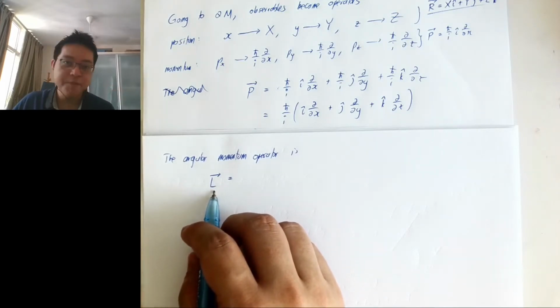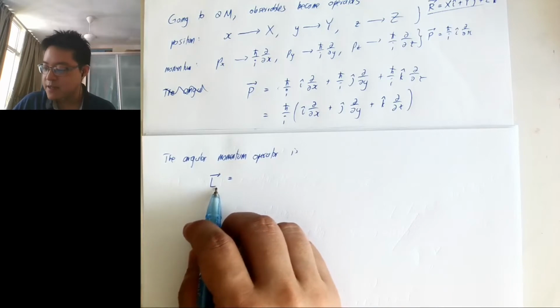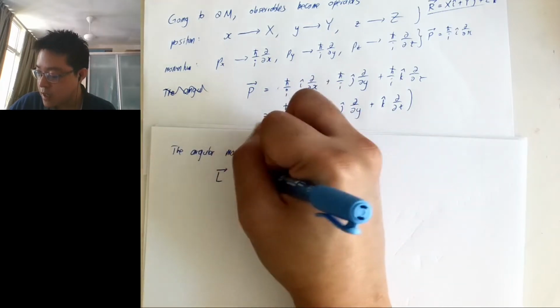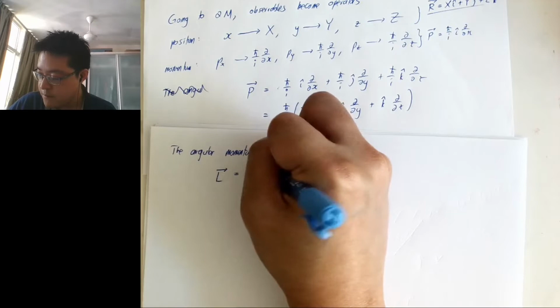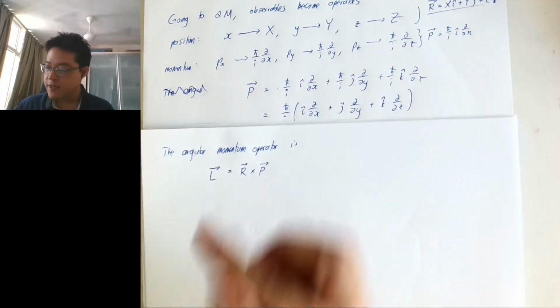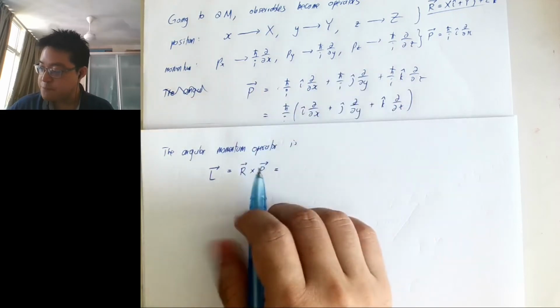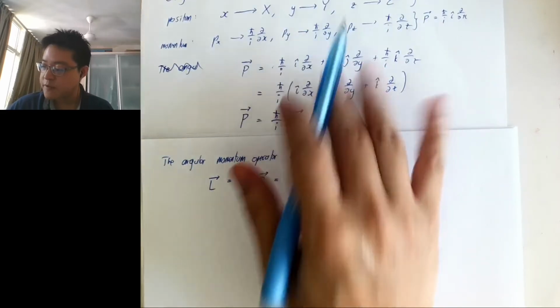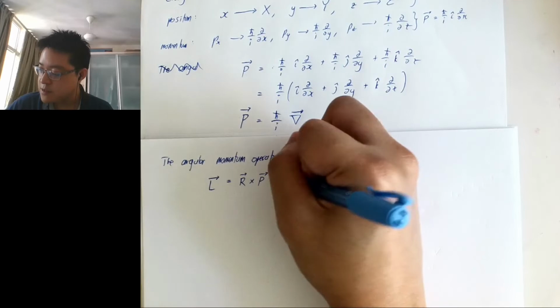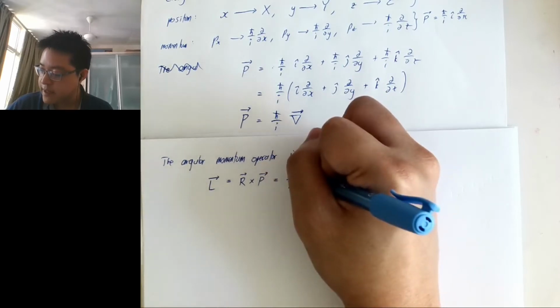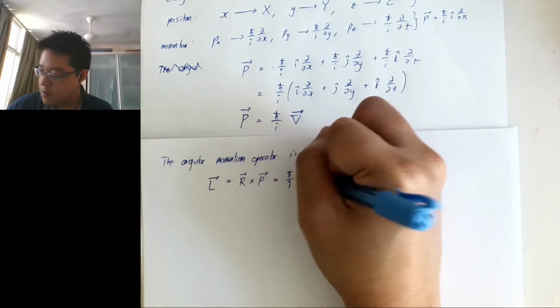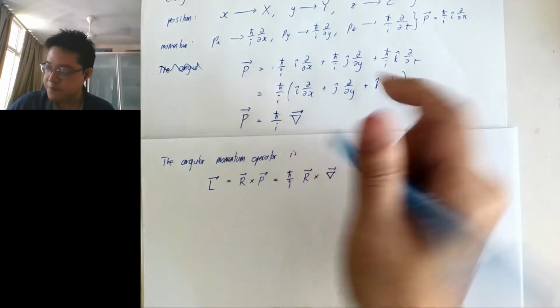It's already a capital letter in mechanics, but this is now an operator, so it's now R cross P, right? So R cross P, and then this R is the same as before, but this P is actually h bar over i and then del. So these are constants, so we can take them out, and this is R cross an operator, okay?